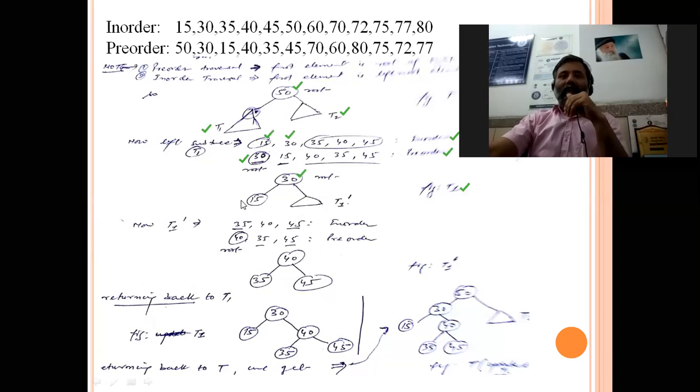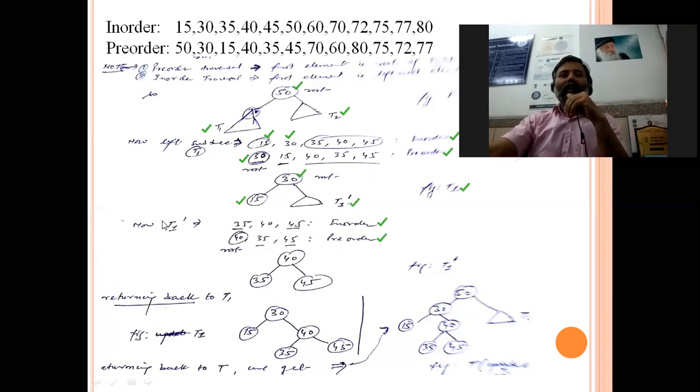So we can write 15 as the left child, and then it will give this T1 dash. Suppose we are assuming T1 dash. In-order traversing of T1 dash is 35, 40, 45, and the pre-order traversing of T1 dash is 40, 35, 45.